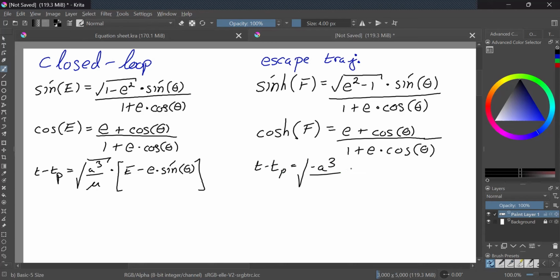So our negative there is just to negate the negative, so that it can become positive. That cubed over mu, square rooted, times, and here's where it gets slightly different, at least according to my notes, the eccentricity times the sinh of f minus f.